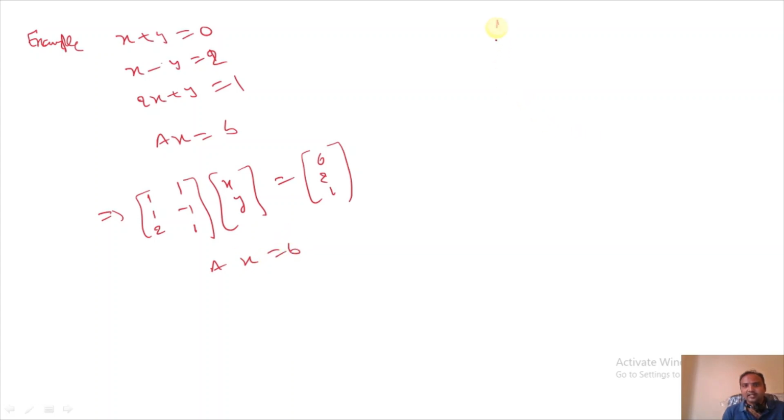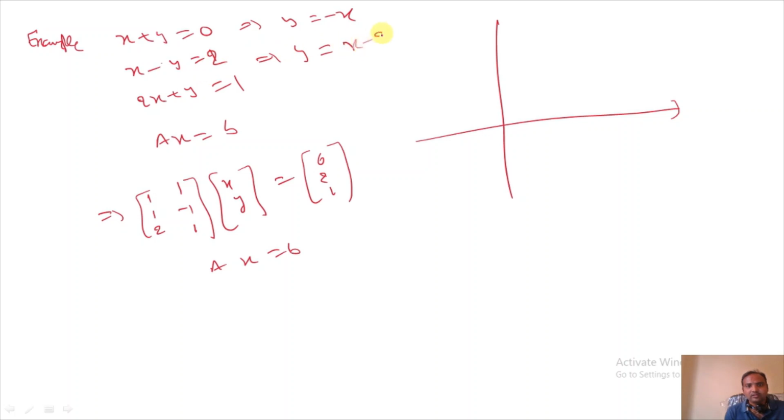Now if we draw the lines, the first is y equals minus x. The second is y equals x minus 1. The third is y equals 1 minus 2x. Now draw this graph. Y equals minus x is a line like this.